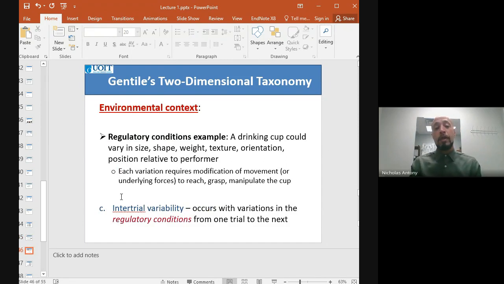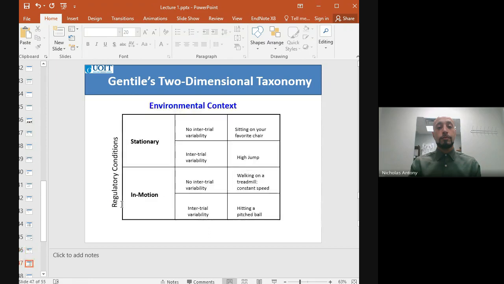And then with what Jacob was saying, what does ITV mean? The other way to evaluate it is that with each repetition of the skill, are the regulatory conditions changing? So when we look at the environmental context axis on Gentile's taxonomy, we get 4 different options.